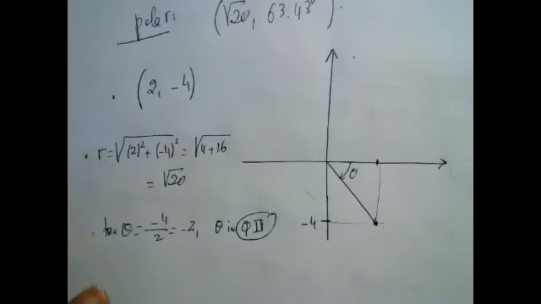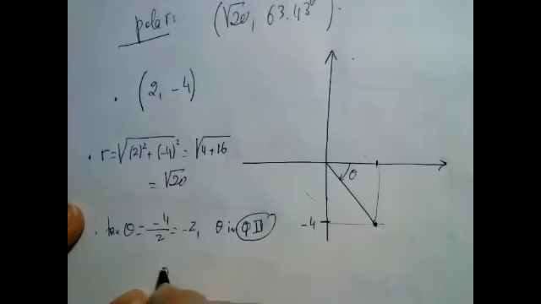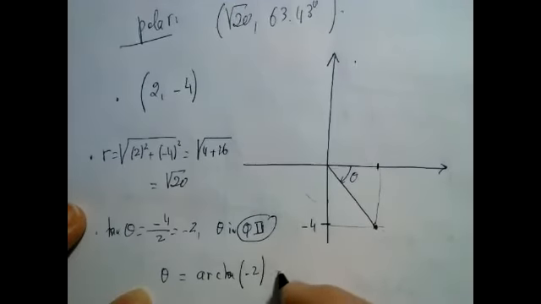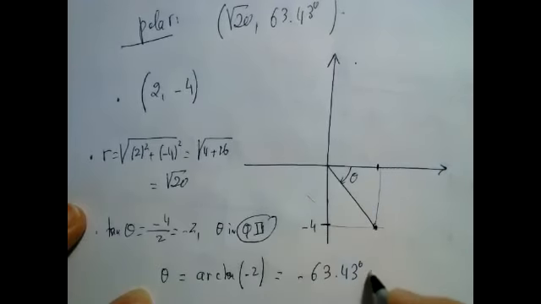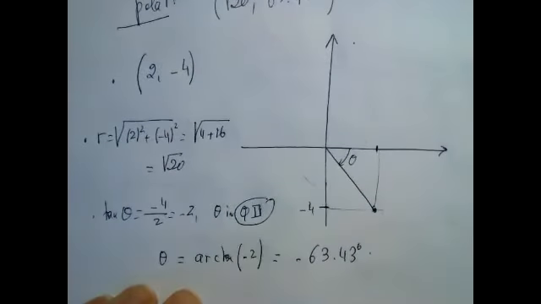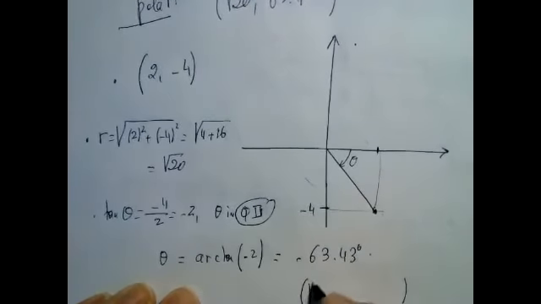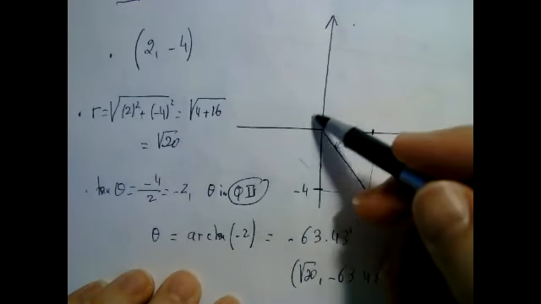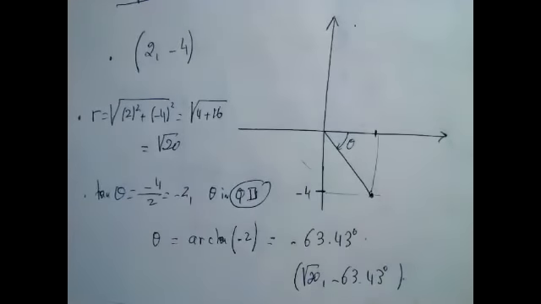Since I am in quadrant 4, the calculator will give me the correct negative answer. It's the arctangent of minus 2, which is minus 63.43. So my point is the square root of 20 and minus 63.43 degrees. If you want a positive number, you just go 360 minus that.